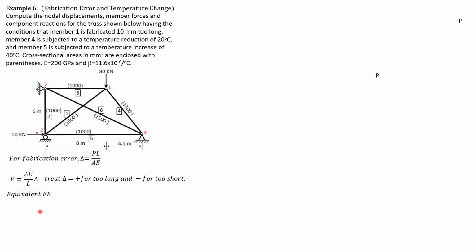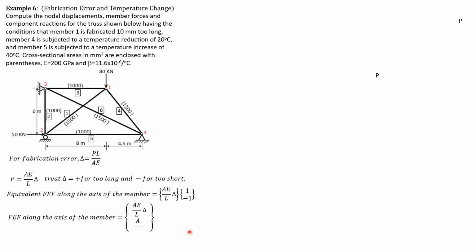So equivalent fixed end force along the axis of the member would be that value multiplied by 1, negative 1. So because the second value is negative, if delta is positive, it is in compression. The fixed end force will be compression.